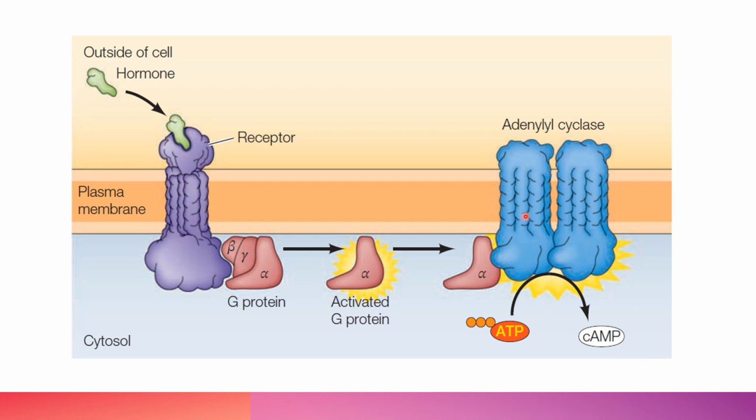This enzyme catalyzes the formation of cAMP from ATP. Now cAMP is a very important secondary messenger. We already discussed that we have a lot of secondary messengers and they perform various functions in our body. In our next slide we'll see briefly what different types of functions cAMP performs.